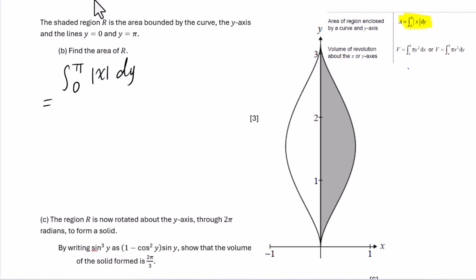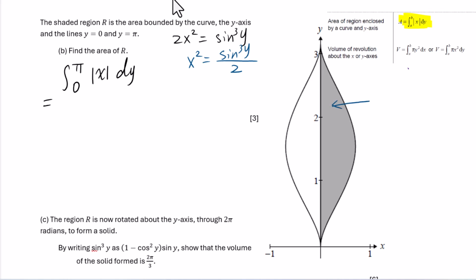Since 2x squared equals sine to the third power y, we work out x squared equals sine to the third power y over 2.